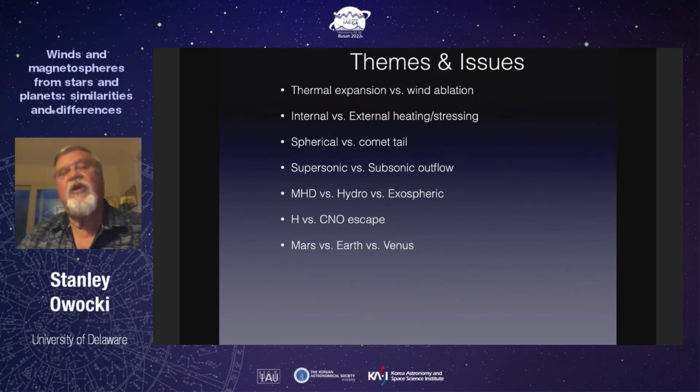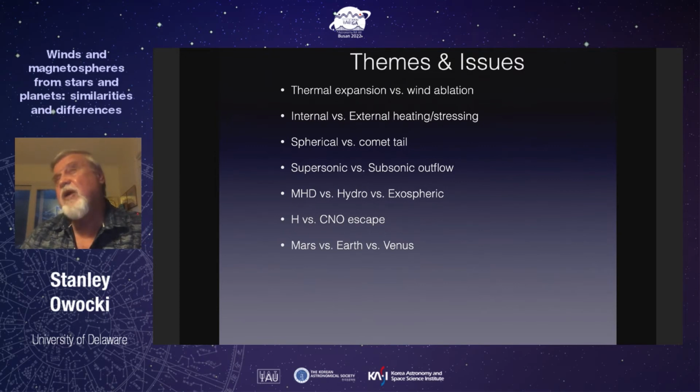Then you have this issue of Mars versus Earth versus Venus. Mars has had its atmosphere depleted by the solar wind ablating it. Earth has been protected from that by its magnetic field, but Venus doesn't have much of a magnetic field. It's a very slow rotator. It doesn't seem to have a strong magnetic dynamo, and yet the surface pressure on Venus is 100 times the Earth's.